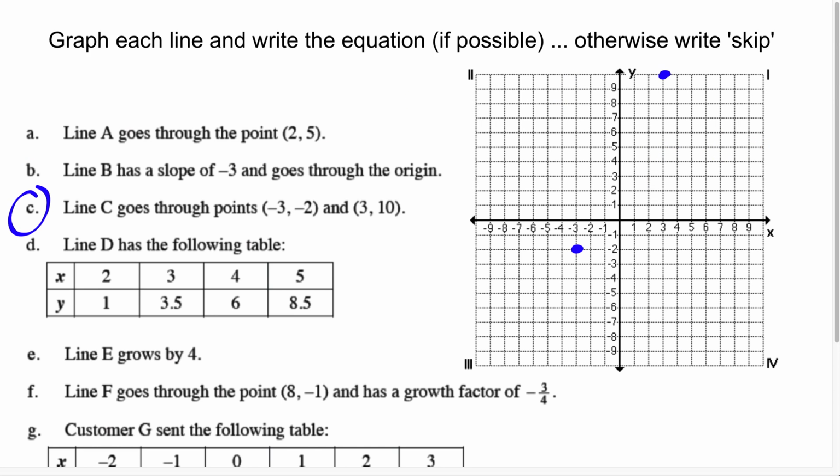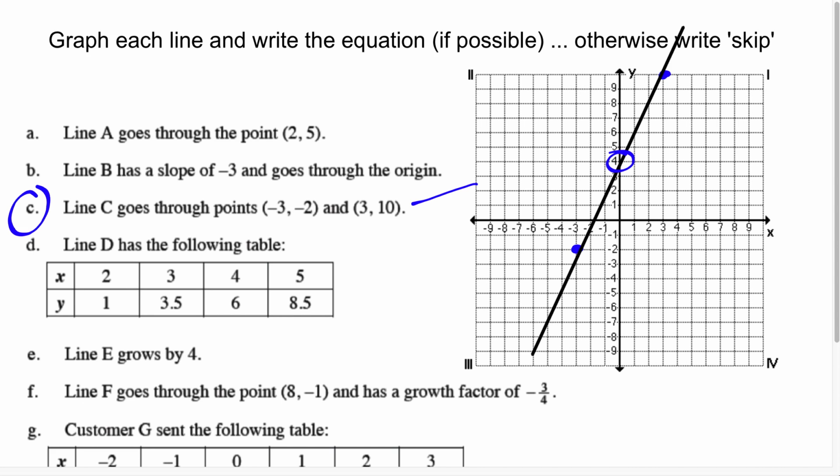Line C goes through those 2 points, so yes, we can actually connect those. And it looks like it goes through the ordered pair (0, 4).